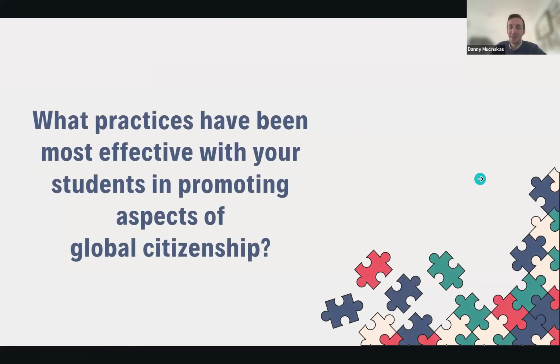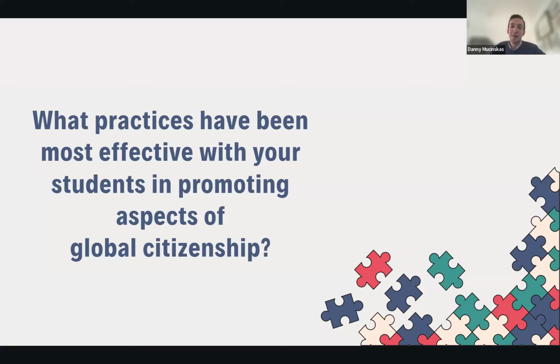What I outlined is definitely not the only set of ideas or practices or sets of skills that are related to global citizenship. So this would be a great moment to pause and to think based on what I've talked about, what kinds of practices have been most effective with your own students or your own learners in promoting aspects of global citizenship.